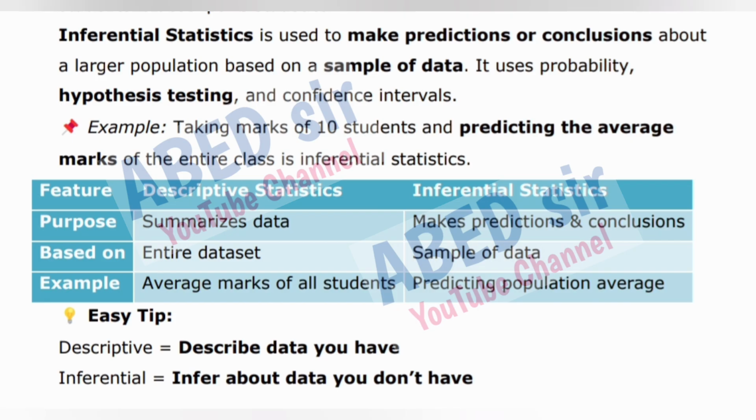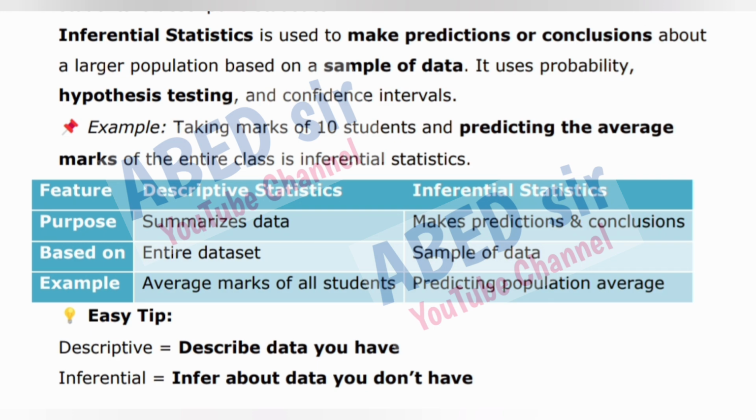Inferential statistics is used to make predictions or conclusions about a larger population based on a sample of data. It uses probability, hypothesis testing, and confidence intervals. Example: taking marks of 10 students and predicting the average marks of the entire class is inferential statistics.